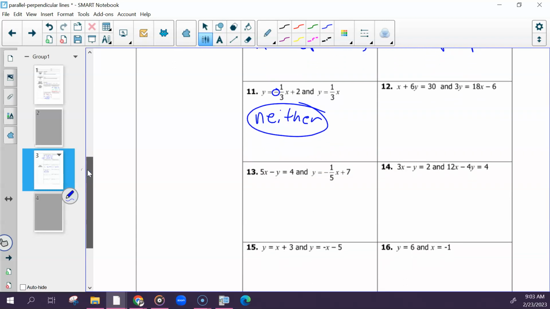Now, some of your other ones are still equations, but now they're not in slope-intercept form. So we have to solve them first before we can determine that. So for 12, let's solve both of them. How would we solve this one on the left? Regina?